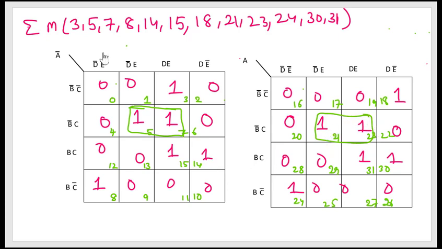And similarly, your 8 and 24 are also identical locations, so you can form a pair using 8 and 24. And similarly, you have 15, 14 and 30 that are also identical locations. You can also form a quad using these two ones and these two ones.